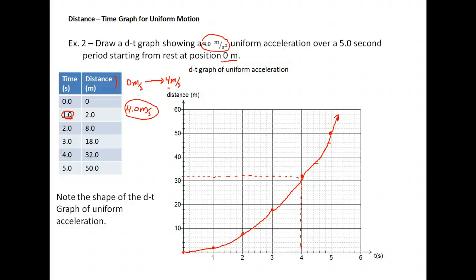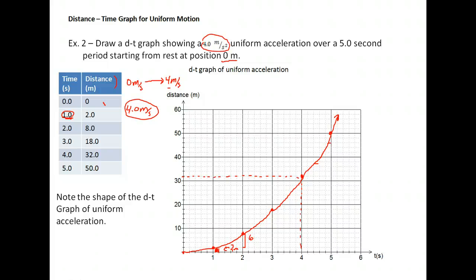And if you think about it this way, the distance that you cover here in 1 second, you've only covered 2 meters. But in another second, you've covered 6 meters. So the amount of distance you're covering keeps increasing.